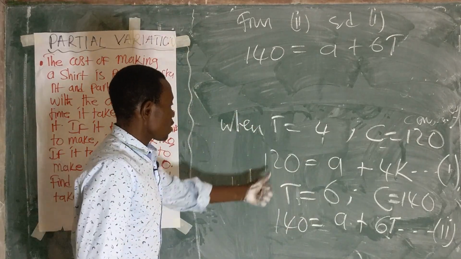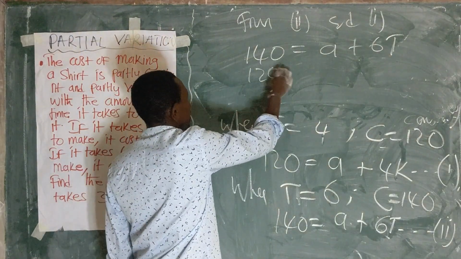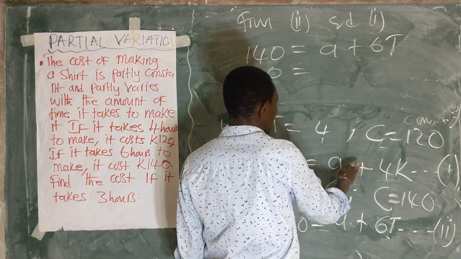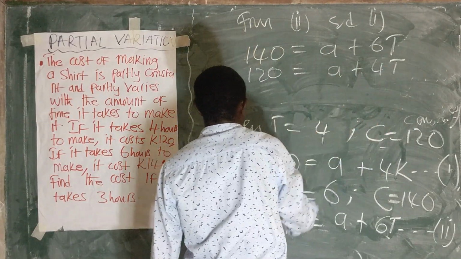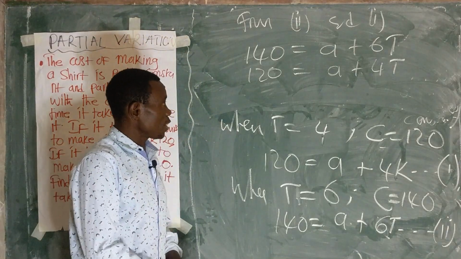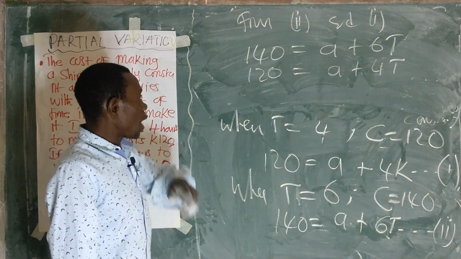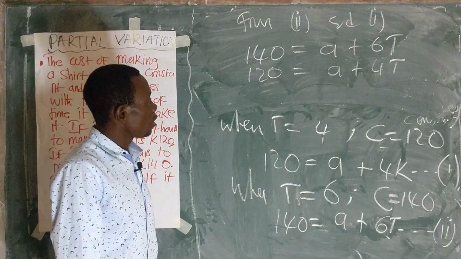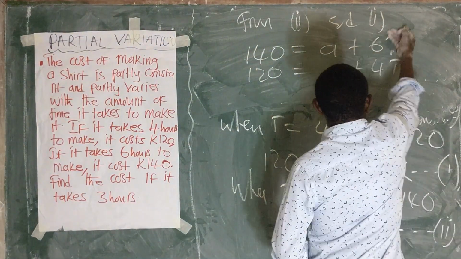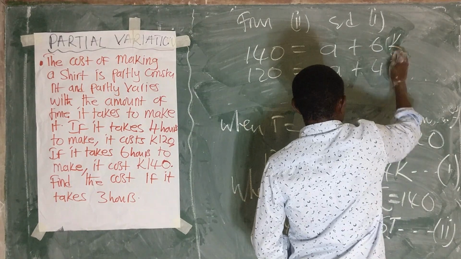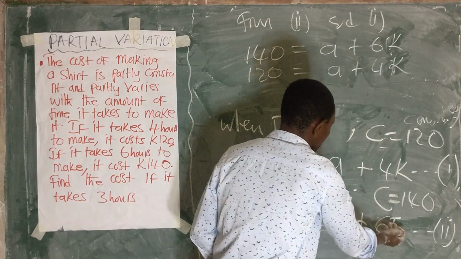And then equation 1: 120 is equal to a plus 4k. Right. Eliminate one variable between k and a. So here what you have is this. This is k. This again is k. Right. And here is k.